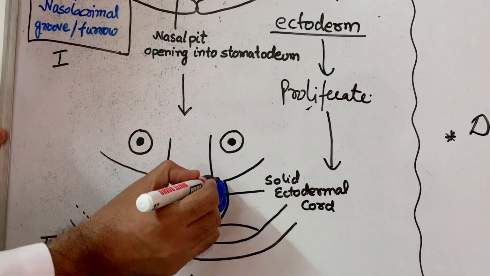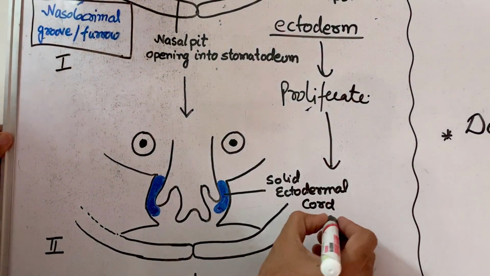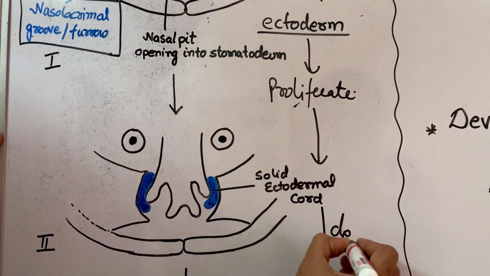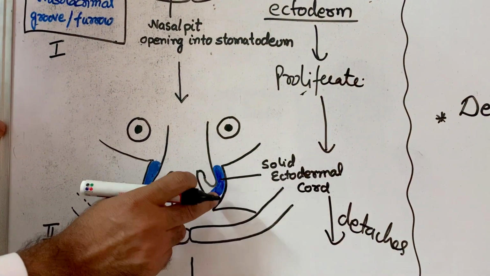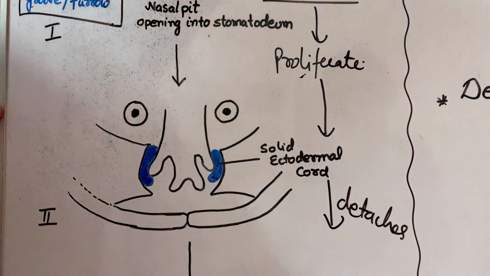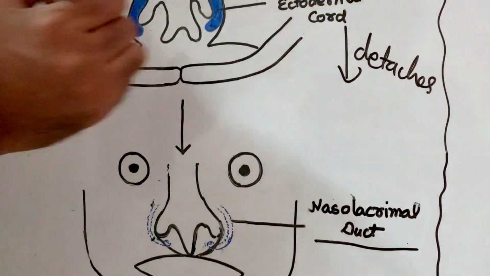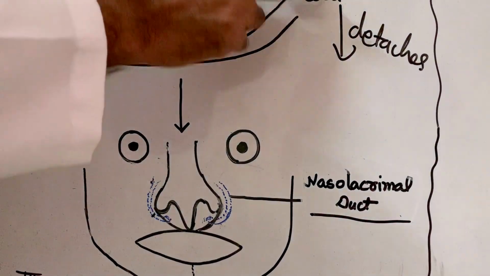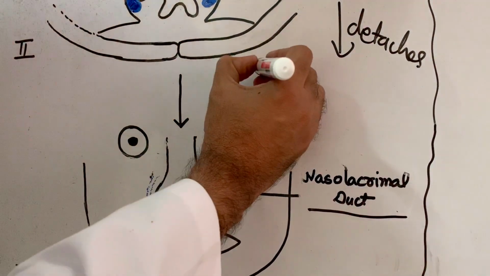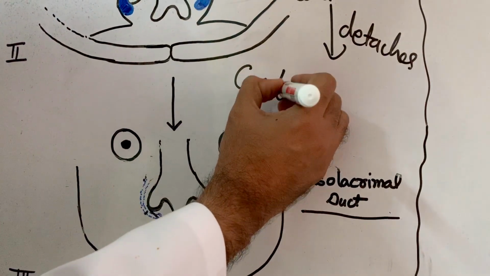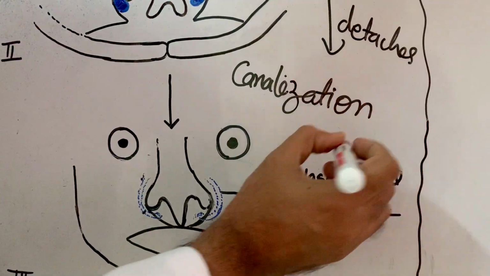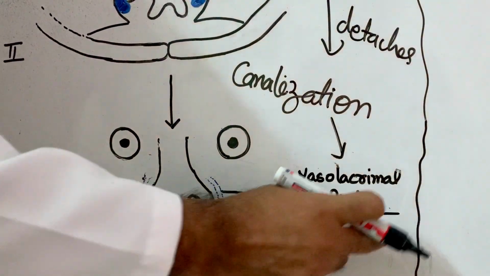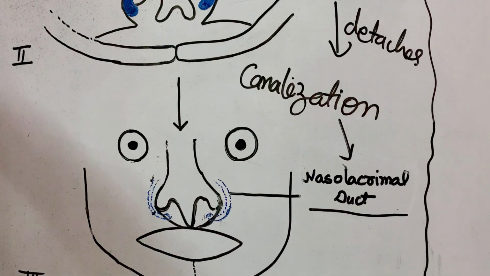This solid ectodermal cord detaches itself from the surface ectoderm and then forms the nasolacrimal duct. After the detachment, the process of canalization occurs, which gives the final outcome as a nasolacrimal duct.